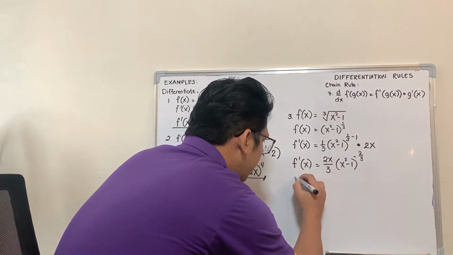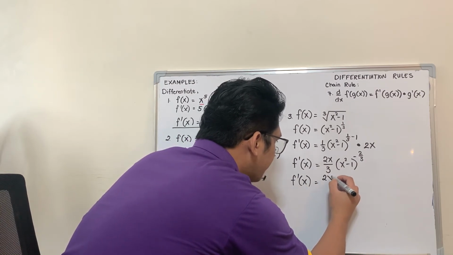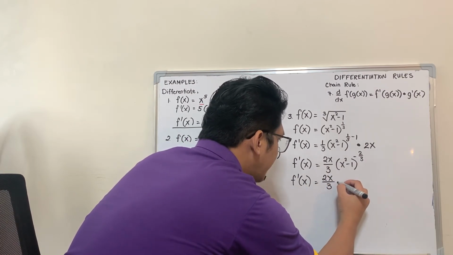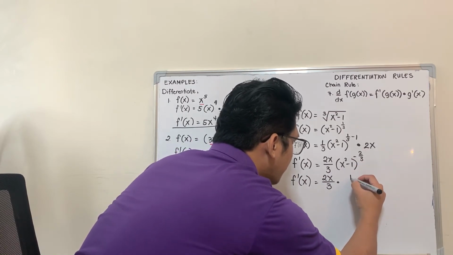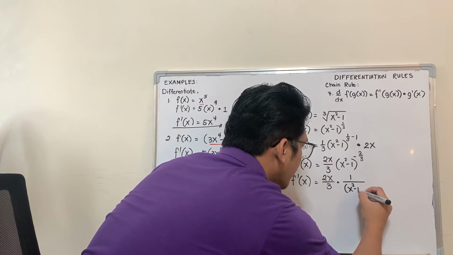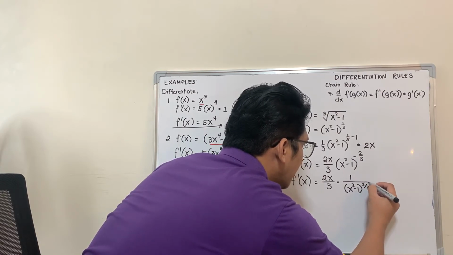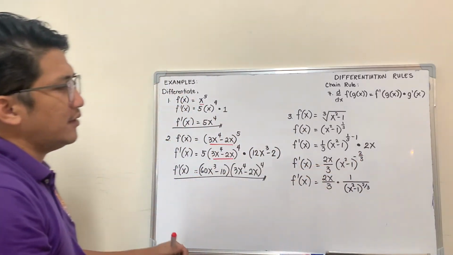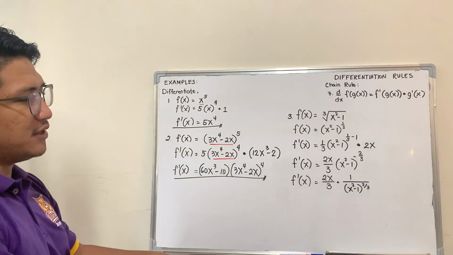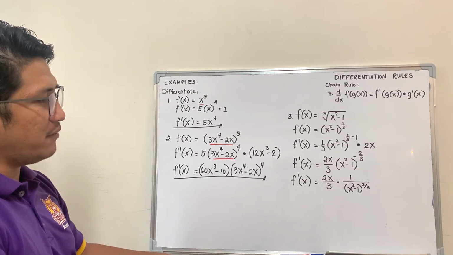So f prime of x is equal to 2x over 3 times the reciprocal of this one. The reciprocal is 1 over x squared minus 1 raised to the power of positive 2/3. Since it was negative, doing the reciprocal makes it positive. That's how we apply the laws of exponents, if you can still remember.